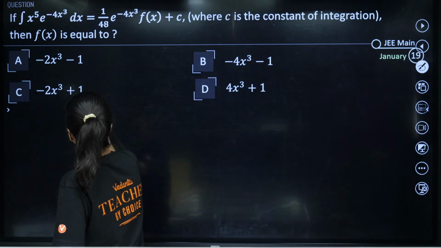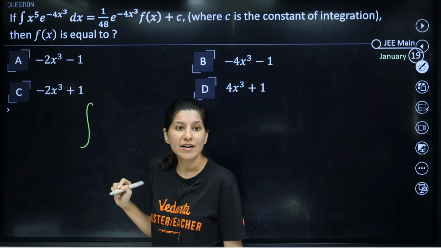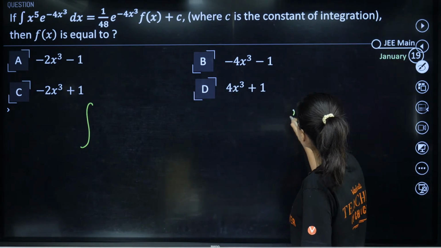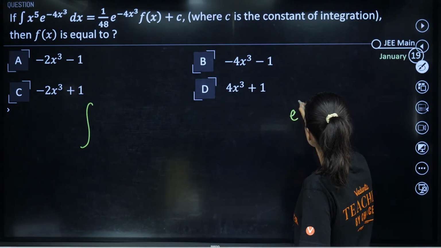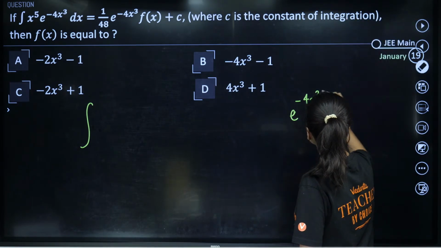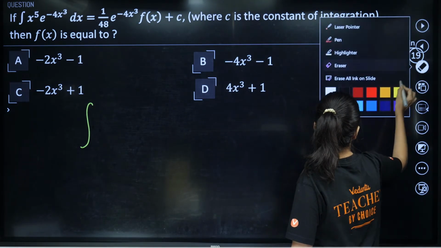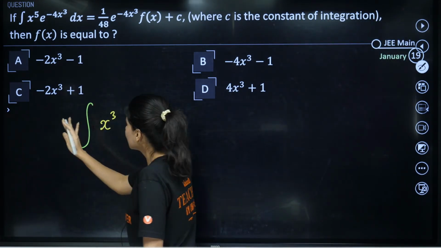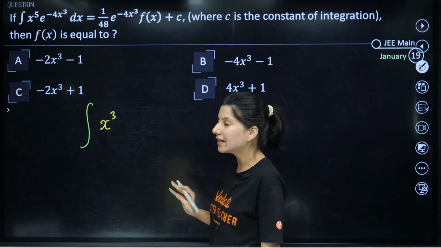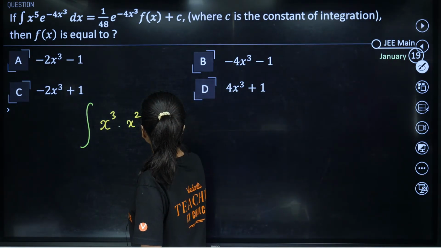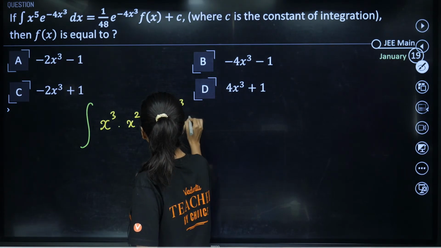This is going to be the integral of x raised to power 5 times e raised to power minus 4x cube. What I can do is keep this x cube side by side, then we have x square e raised to power minus 4x cube dx.